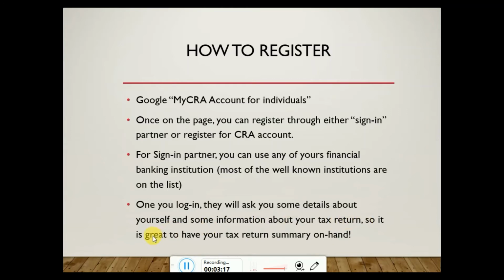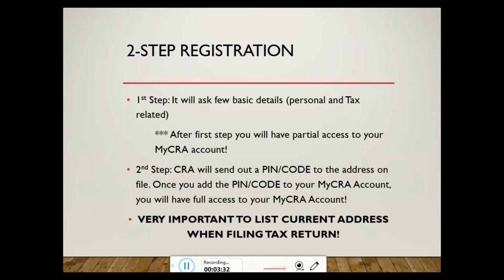So it is always a good idea to have your tax return summary on hand. If you remember, in UFile you can download your PDF, so you can download it and save it in order to get some answers which are required to log in. Now generally it is a two-step process.